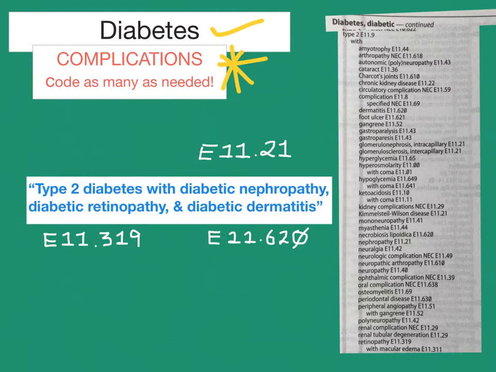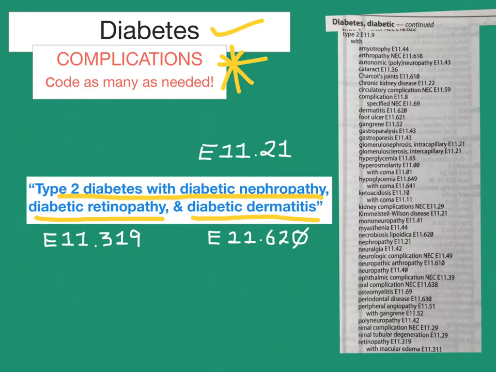For example, let's look at the diagnosis of type 2 diabetes with diabetic nephropathy, diabetic retinopathy, and diabetic dermatitis. So we would need to include the codes for all of these diabetic complications.